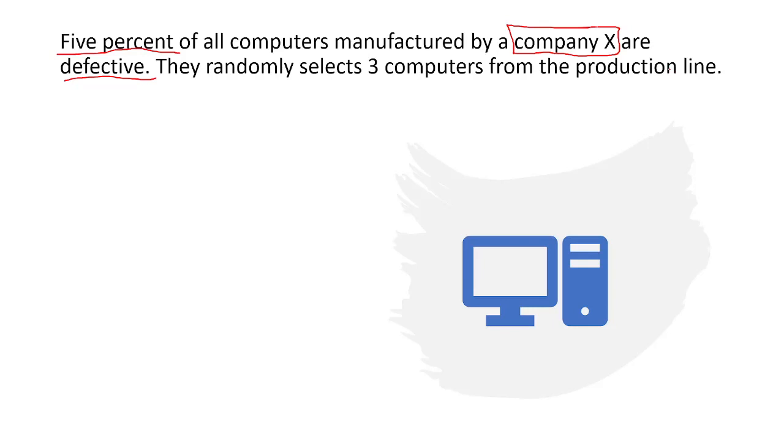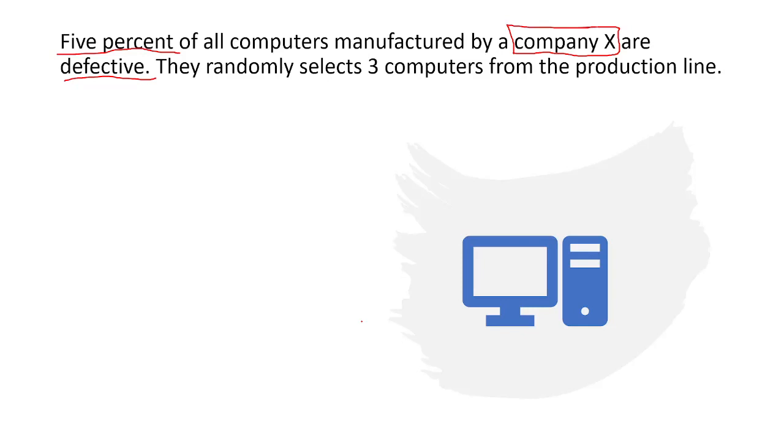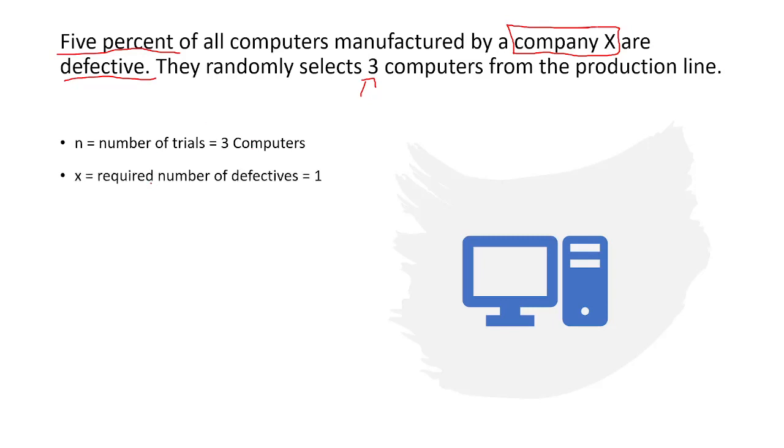Here we got a lot of information. Considering this formula right here, we have to consider all the essential values. We know that n is 3 because it's given in the question: the number of trials equals 3 computers. Then we consider x, the required number of defectives, which is 1.